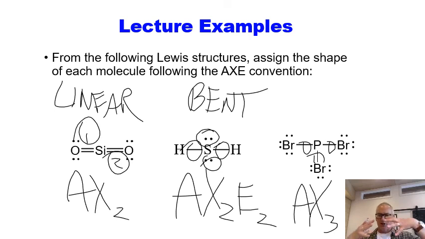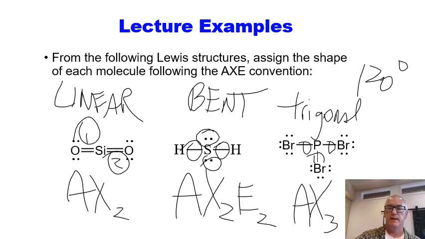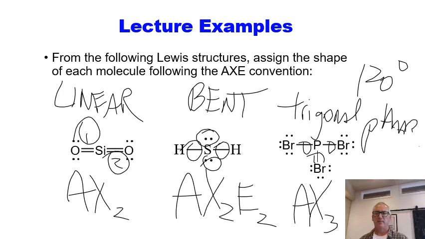So what shape can that adopt to give the maximum distance between those bromine atoms and the bonding electrons in space? That would be a plane with 120 degrees between each one. That gives you the maximum distance. And so we call that trigonal for 3 and planar. So the trigonal planar molecule.